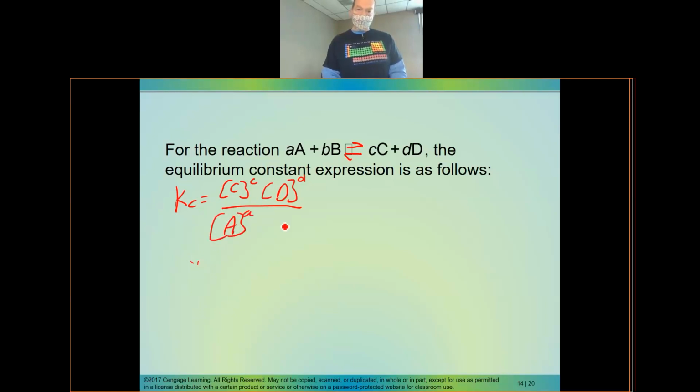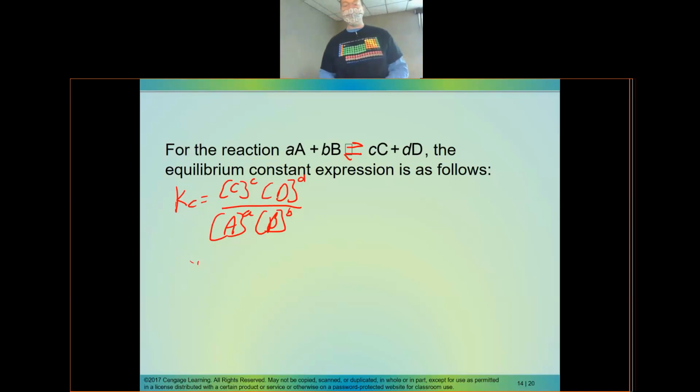Concentration of A raised to the lowercase a, concentration of B raised to the lowercase b. All right, so that's how you will give the equilibrium expression. Concentration of products over concentration of reactants.